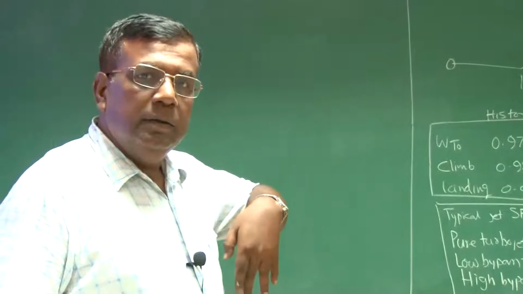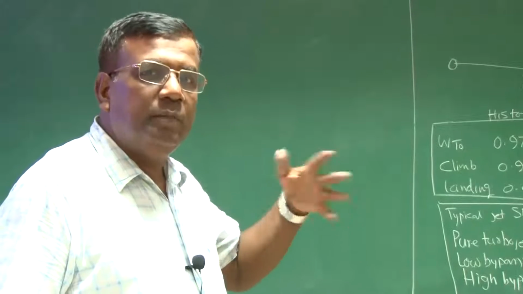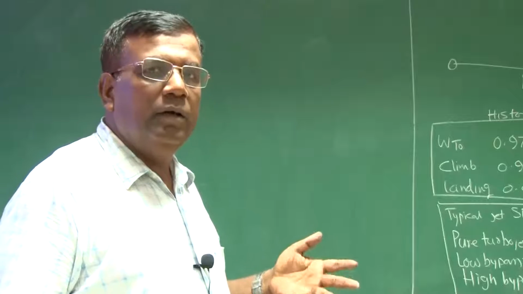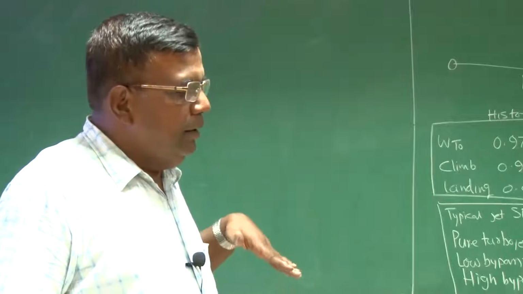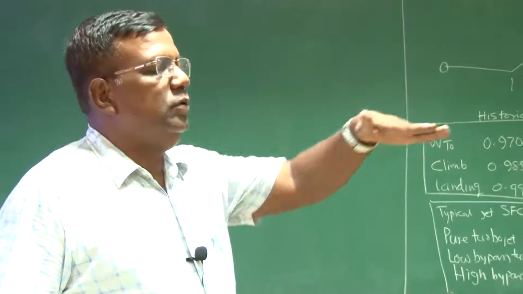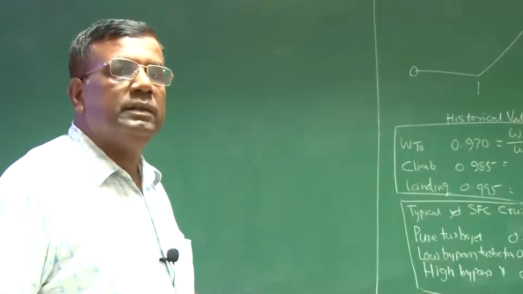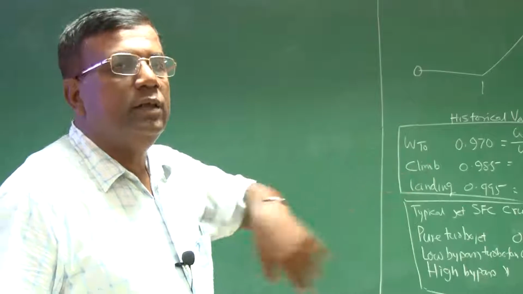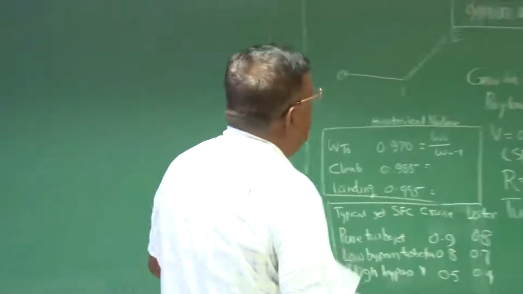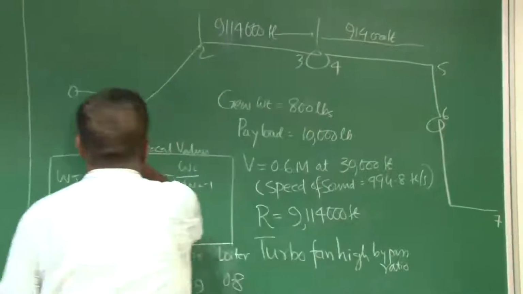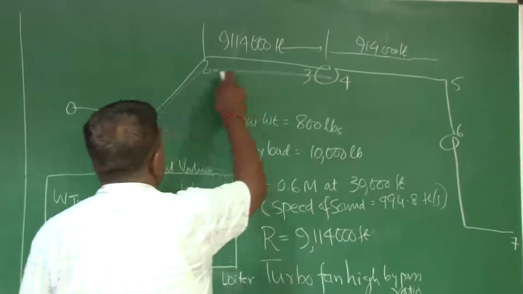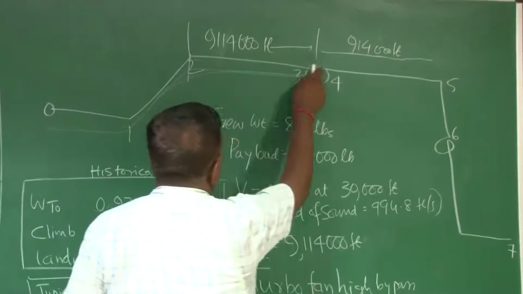If that is my mission requirement, like a transport airplane, or a fighter airplane, or a combat airplane I'm designing, one could be that I take off, do the operation, and again come back to the base. So if that is the situation, then I have to add this range as an additional range, right? So the airplane has gone from here, climbed, did its operation, and now again it is coming back here. So I am adding this range twice.